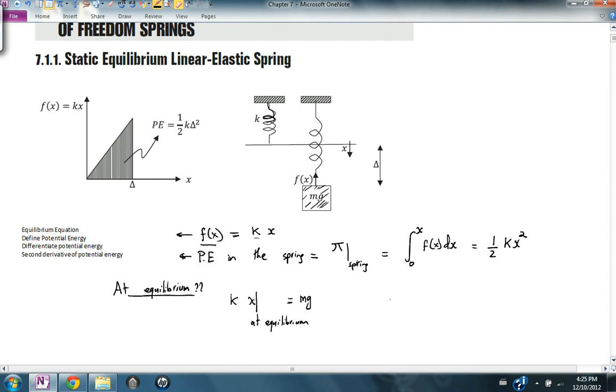The x that corresponds to equilibrium is then called delta, which is equal to mg over k.